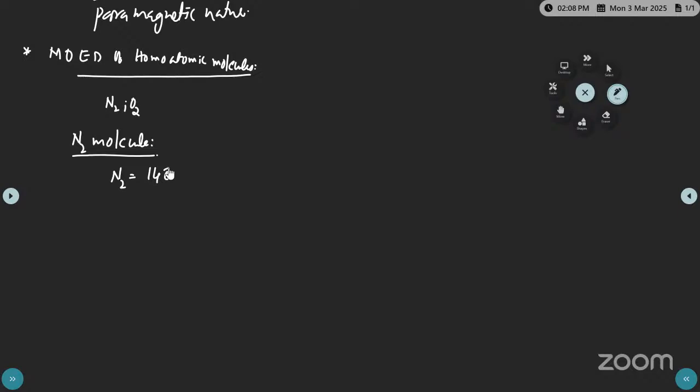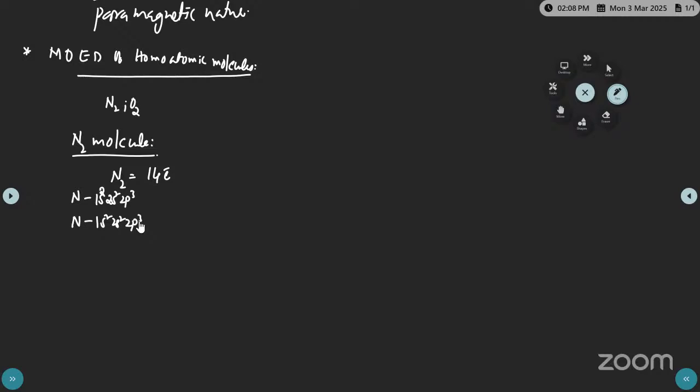These 14 electrons are present in the molecule by the linear combination of nitrogen atomic orbitals. Each nitrogen has 7 electrons: 1s2, 2s2, 2p3.